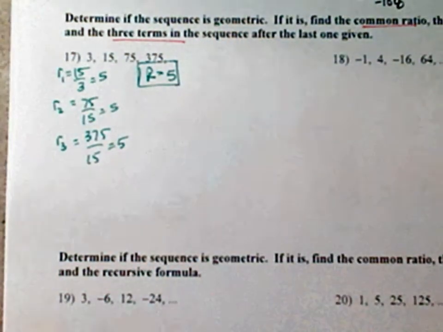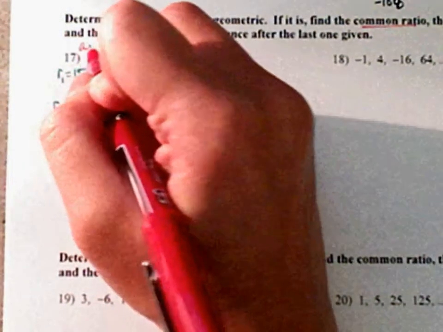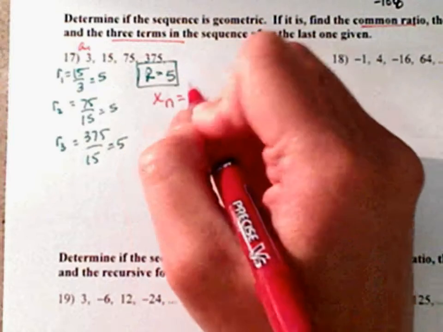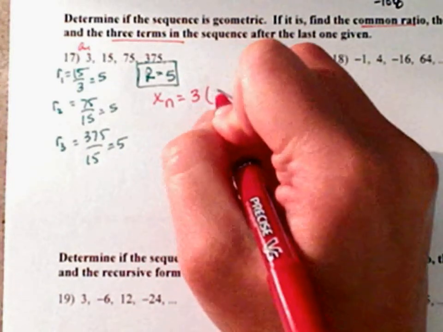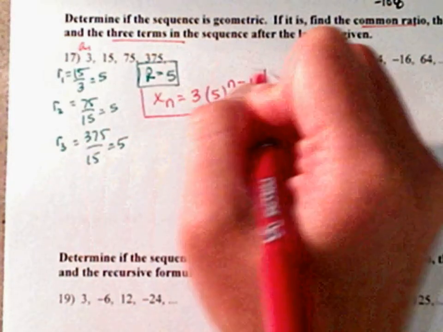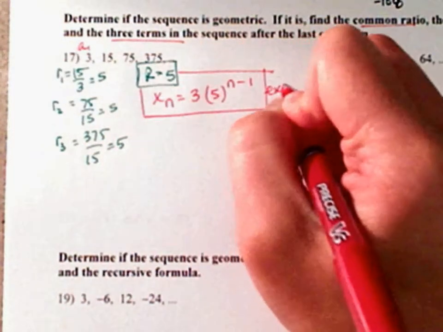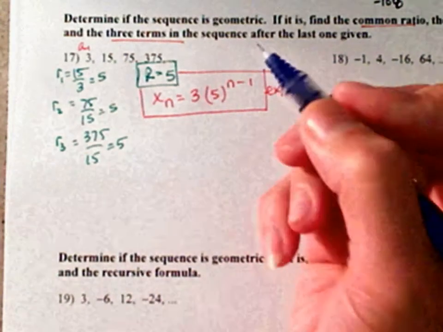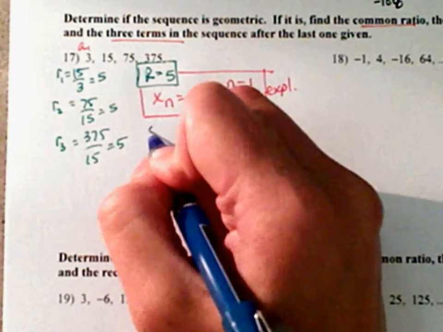Now I have to find my explicit. This is your first term. So your explicit is x of n is equal to your first term, which is 3, times your R, to the n minus 1. So this here is your explicit. All right? Now you are to find the next 3 terms in the sequence after the last one.